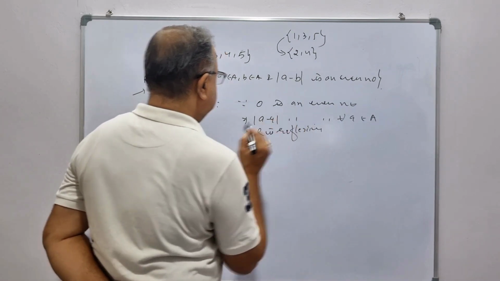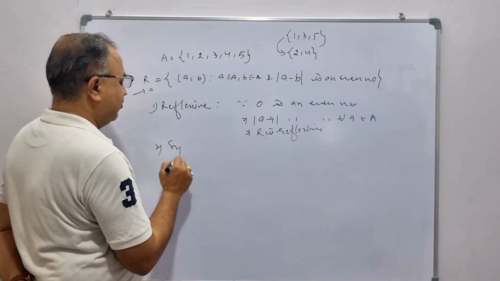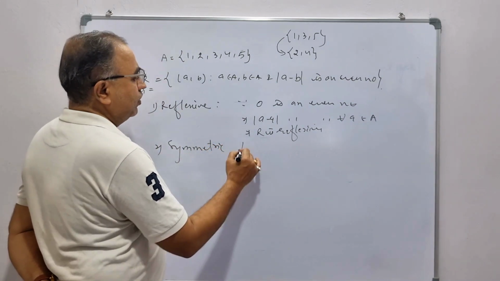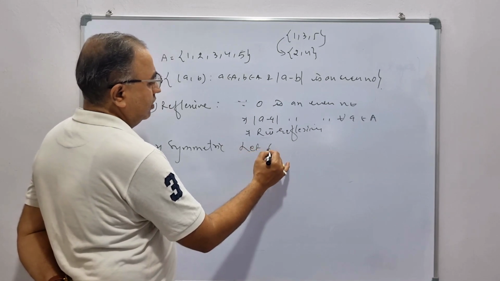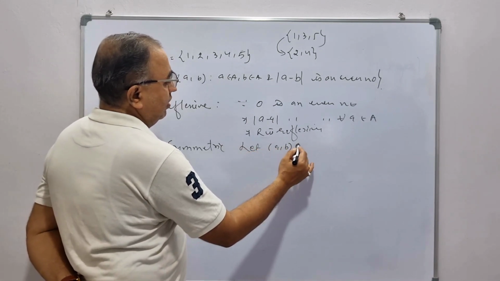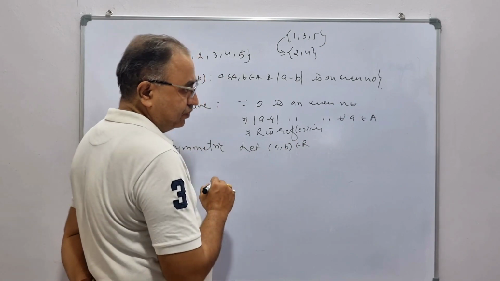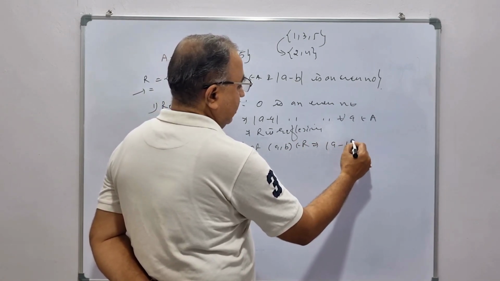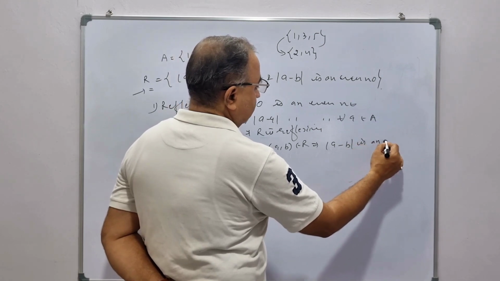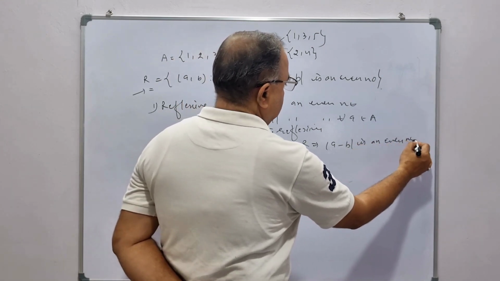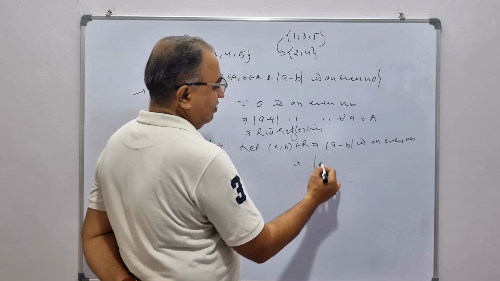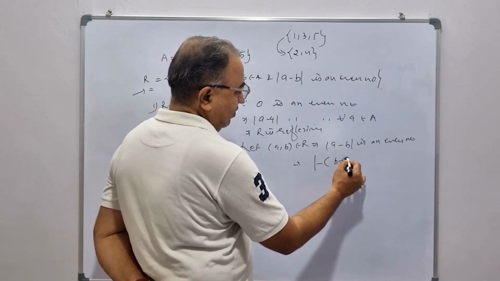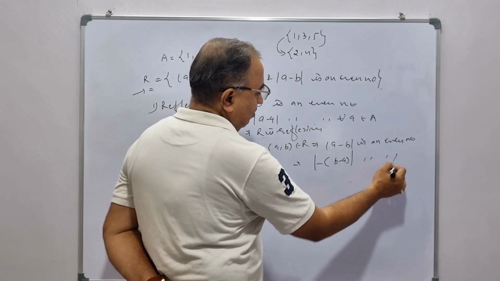First part done. Second, to prove that relation R is symmetric, you have to assume that there is an ordered pair (a, b) which belongs to R. That means mod a minus b is an even number. From mod a minus b, how to bring b minus a? Take this minus out, so it will be mod of minus (b minus a) is also an even number.